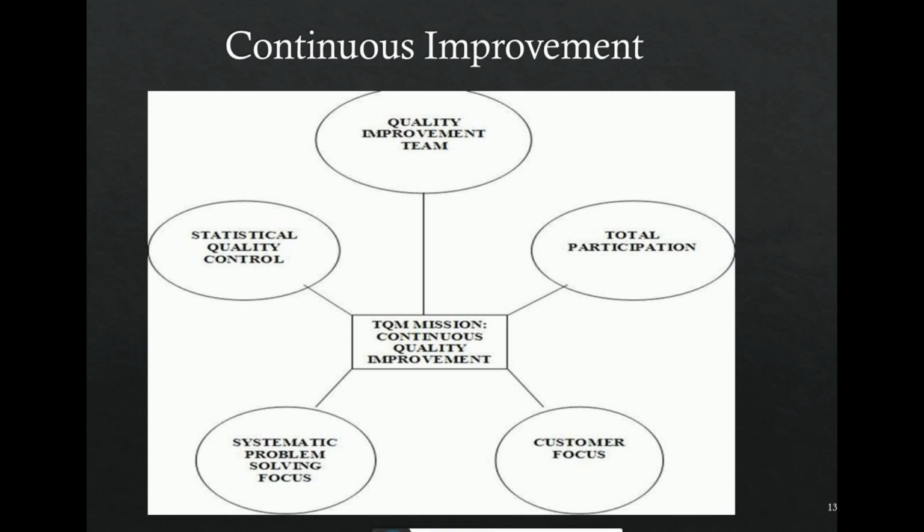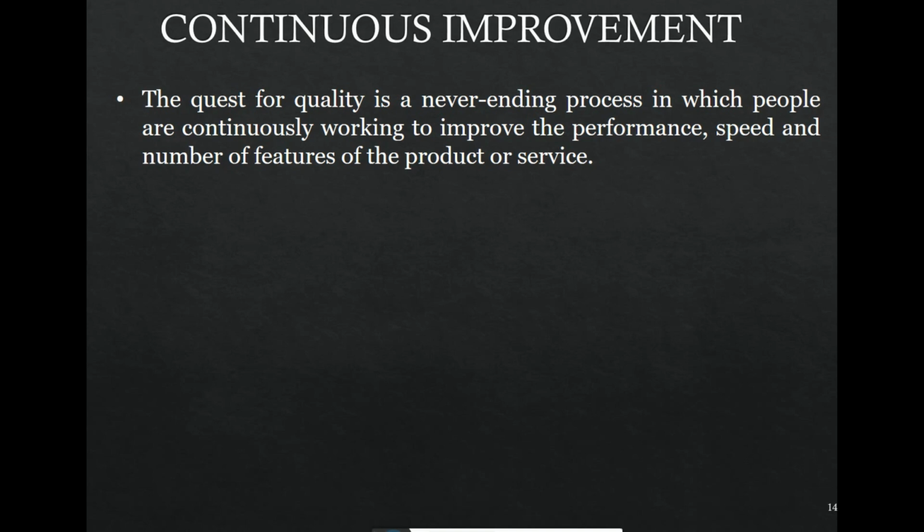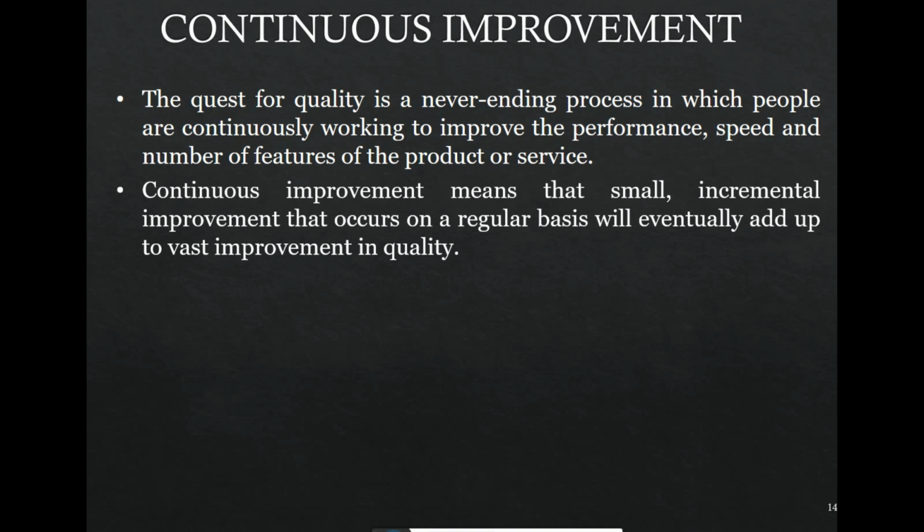The quest for quality is never ending, as I said, it is a journey. It is a never ending process in which people are continuously working to improve the performance, speed, and number of features of the product or services. Continuous process improvement means that the small incremental improvements that occur on a regular basis will eventually add up to vast improvement in quality.